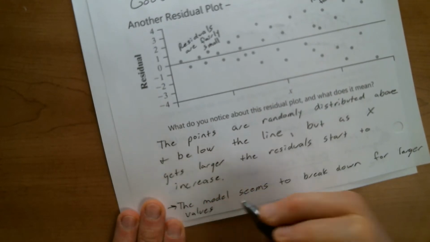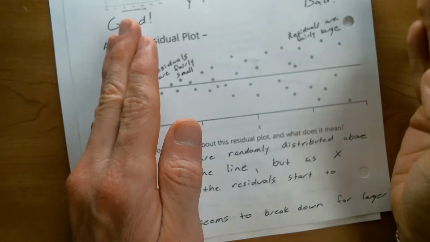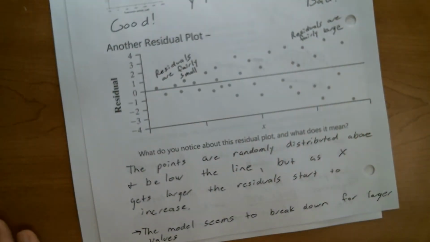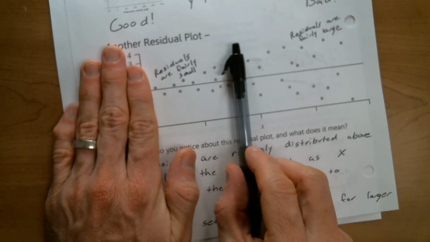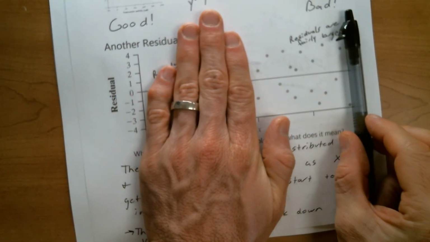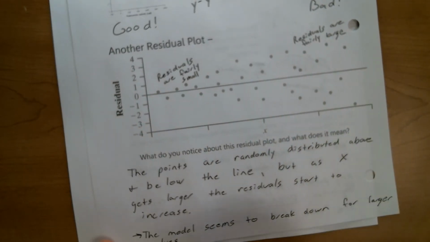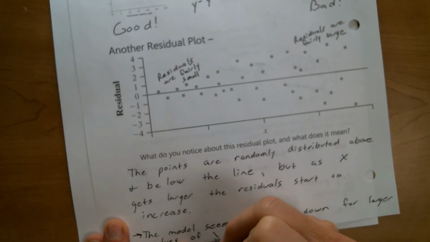It does a really good job when our x is smaller, but it seems to break down as x gets larger, which suggests that maybe the relationship is changing. Maybe the model that we have is really good for this range of values, and maybe we need a different model for this range of values where it's falling apart. So the model seems to break down for larger values of x.